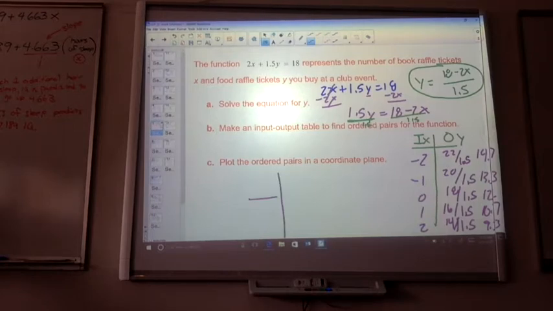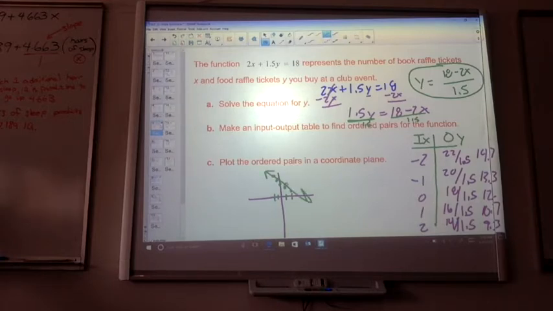Let's draw a coordinate plane, do the best we can. So I got negative 2, 14.7 is way up here. Negative 1, we're at 13. 0 is at 12. 1's here. It's a straight line.